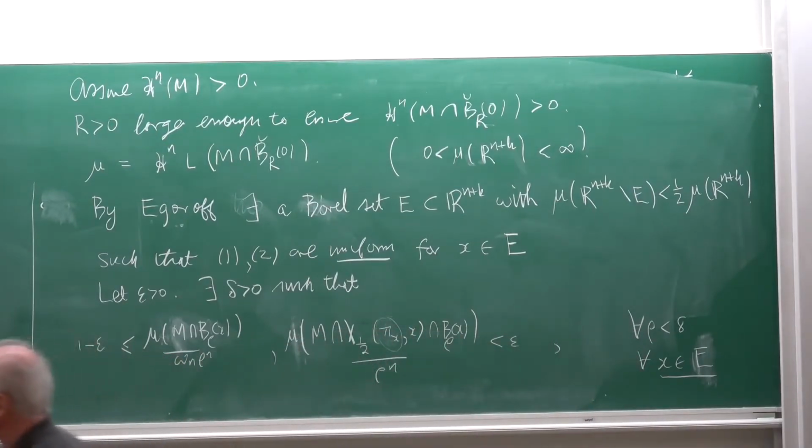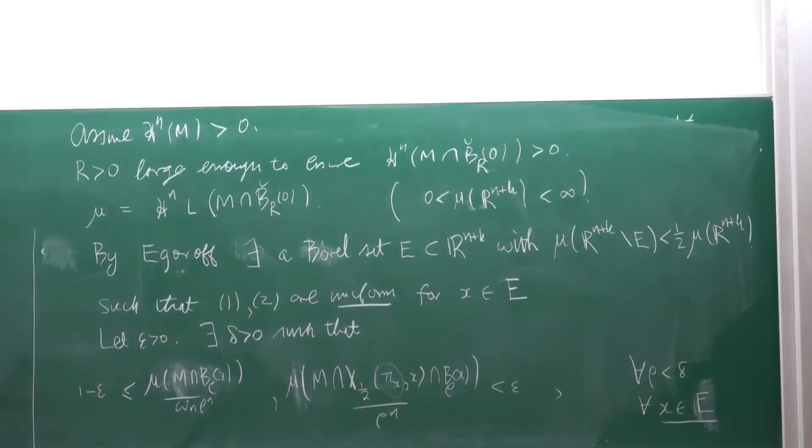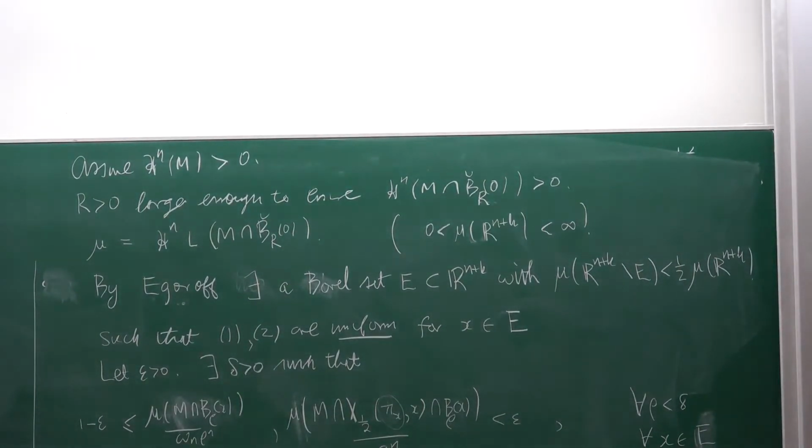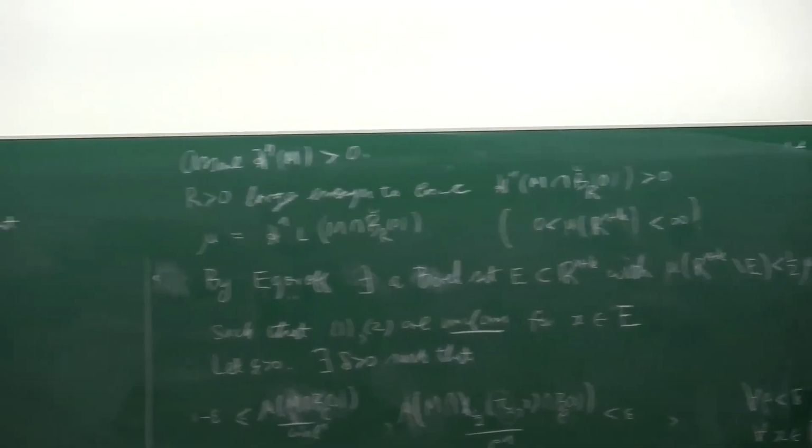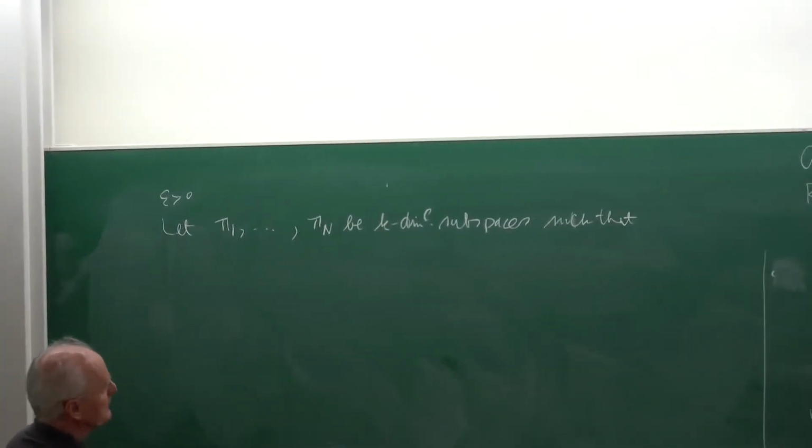So let pi_1 up to pi_N be k-dimensional subspaces such that, take epsilon positive given, well, we've already done that, we've got an epsilon here.